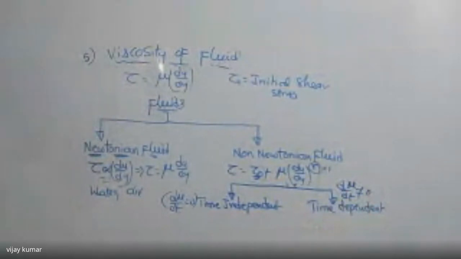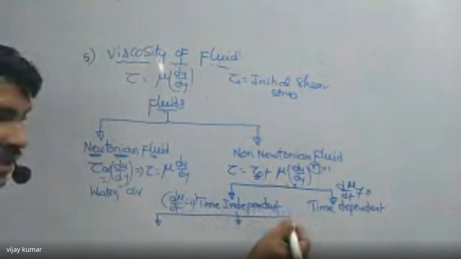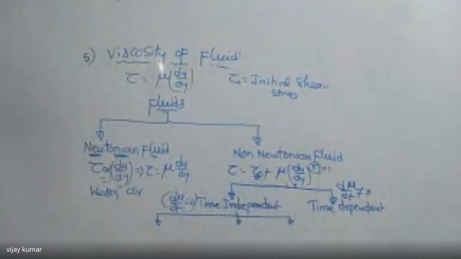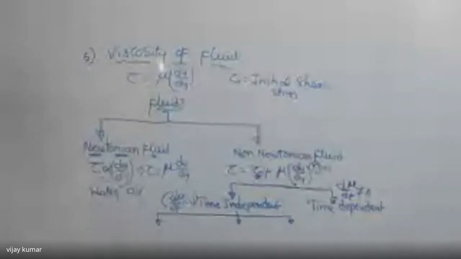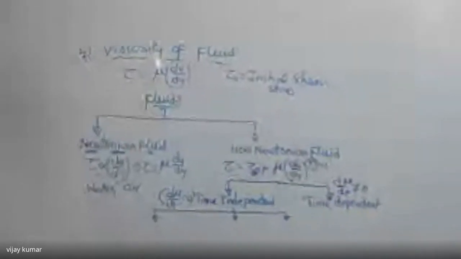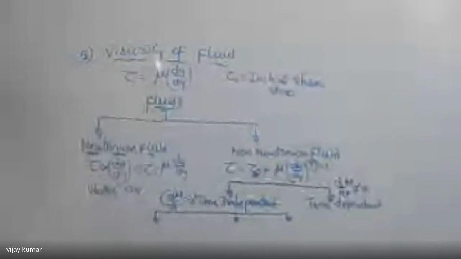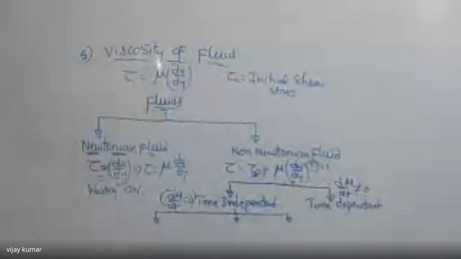That is named a time dependent fluid. Now, in the case of time independent fluids, we again have three types of fluids, so please take care. The viscosity of the fluid remains constant and does not change with respect to time.